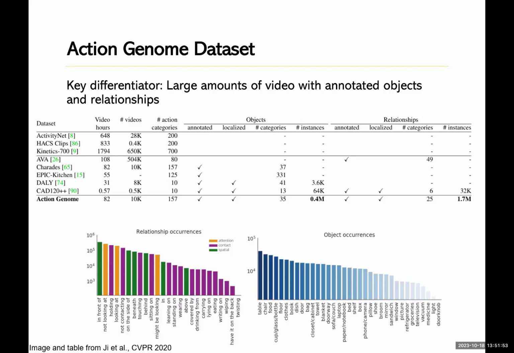Now notice with the relationship, this is a log-based scale, and so this does suffer from the same kind of problem where you have things like in front of, not looking at, holding occurring much more, and then when you get down to some of these other ones, they're occurring a lot less, because these are counts of how often those relationships occur in the data set.